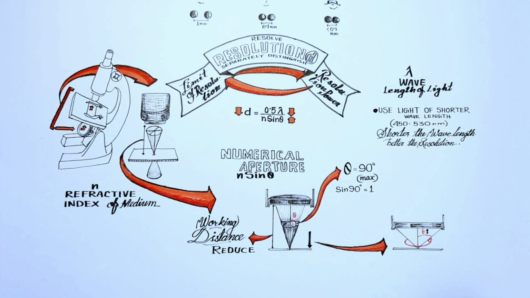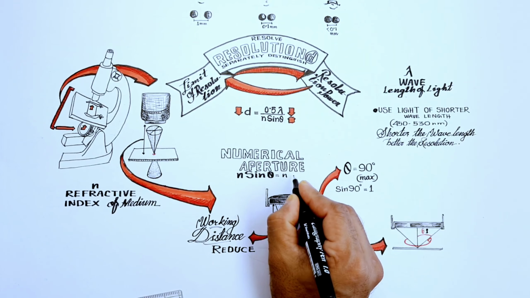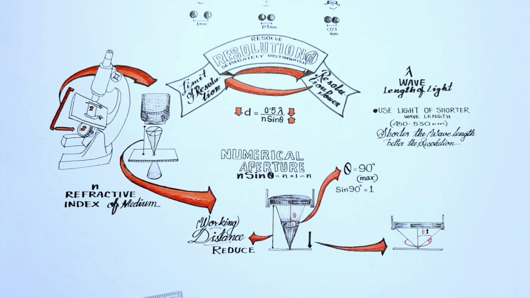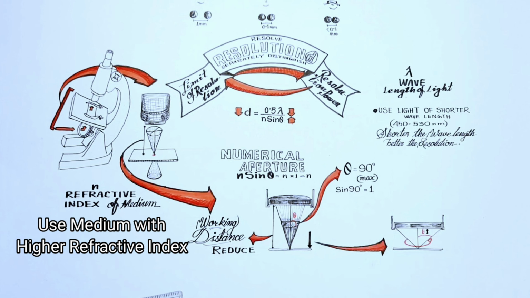And if we put this maximum value of sin theta in the equation for numerical aperture, we are left only with n. It reveals that numerical aperture depends largely on the refractive index of the medium active in the working distance area. So to achieve higher resolution and a high numerical aperture value, we have to use a medium of high refractive index between the specimen and the objective lens.